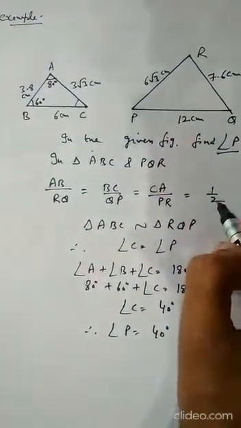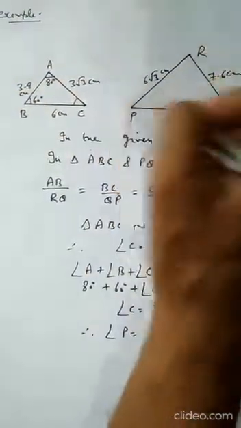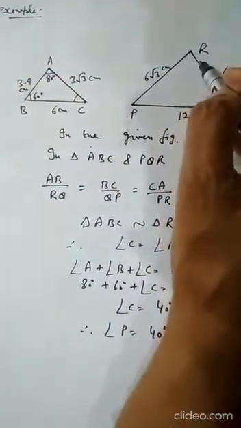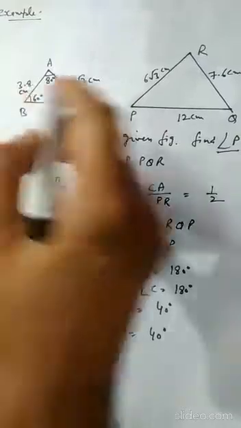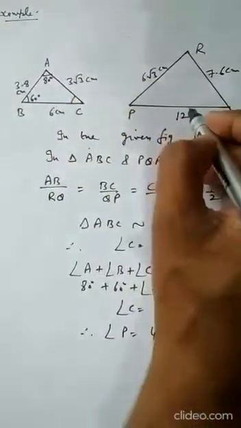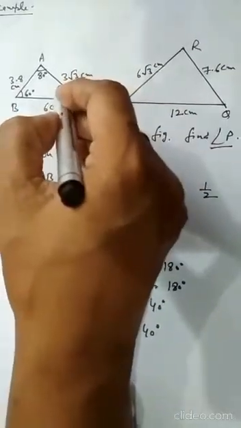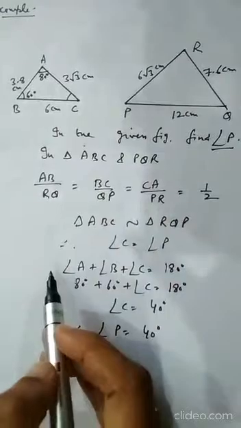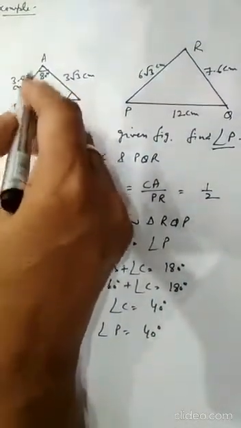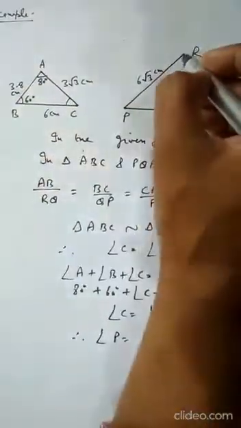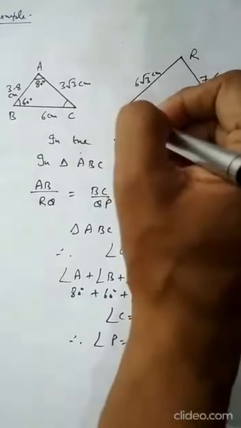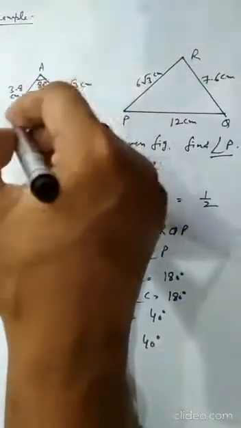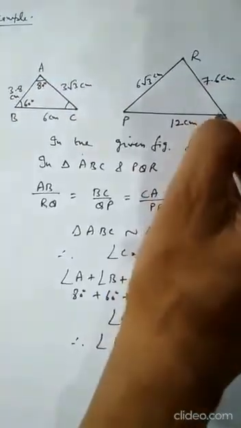If I simply say ABC is similar to RPQ, it is wrong. Because corresponding to AB, it is RQ. Corresponding to BC, it is QP. Corresponding to CA, it is PR. So what is the name of the similar triangle? ABC is similar to RQP. If I write ABC similar to RPQ, it is wrong.